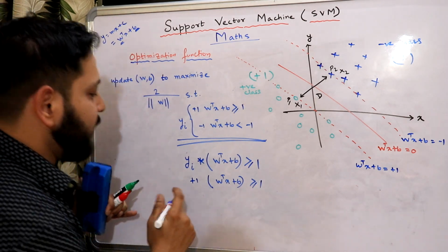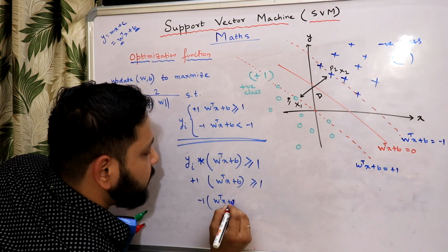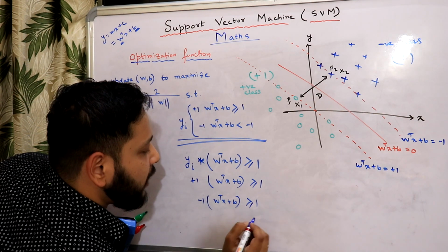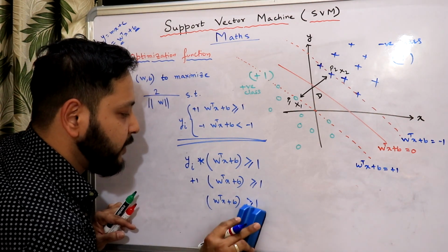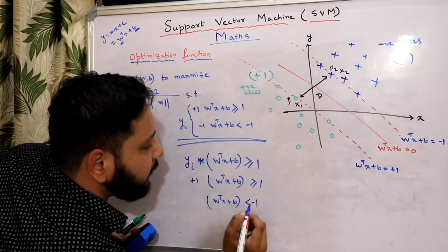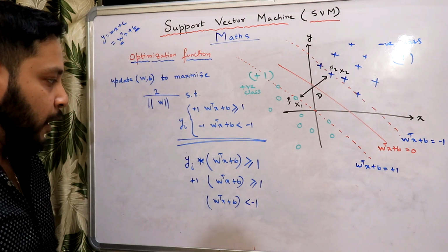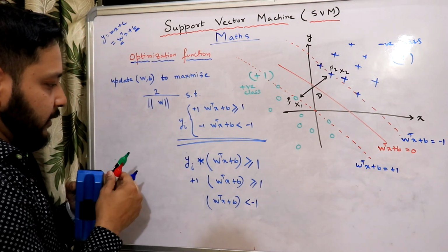And if y is the negative class, then -1 into w transpose of x plus b is greater than or equal to 1. We can also write it as w transpose of x plus b is less than -1, right? So this can also be written like this.